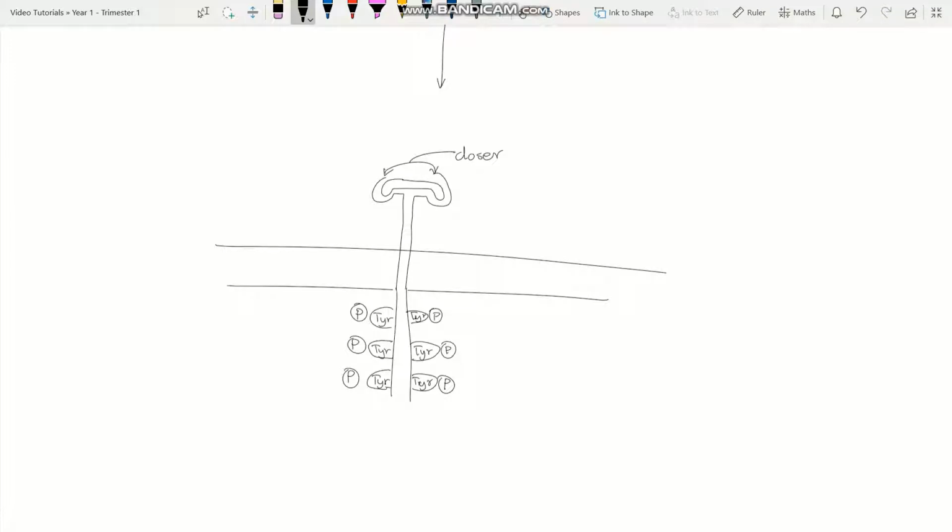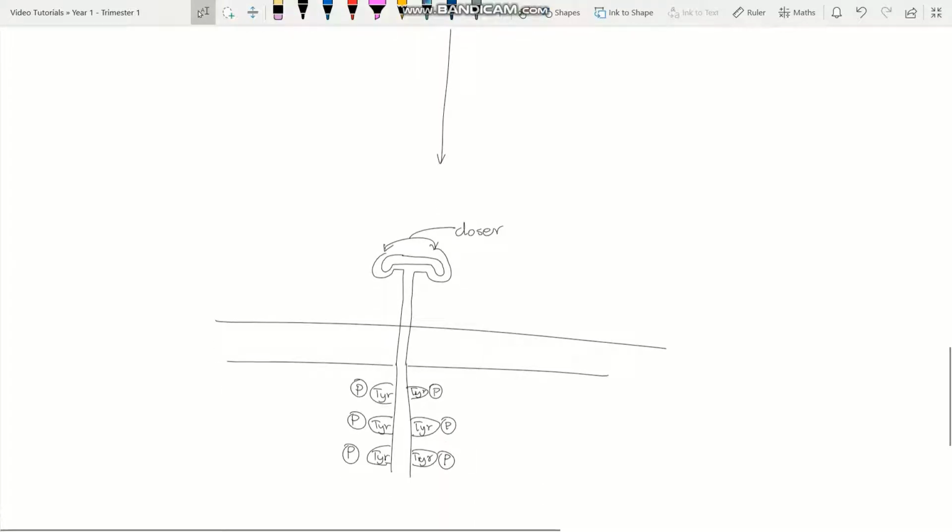This is a very important stage, as it essentially means that the receptor, or the extension of the receptor into the intracellular environment, is able to act as a docking station for particular enzymes. And there are two main ways in which these enzymes can actually attach to these receptors.